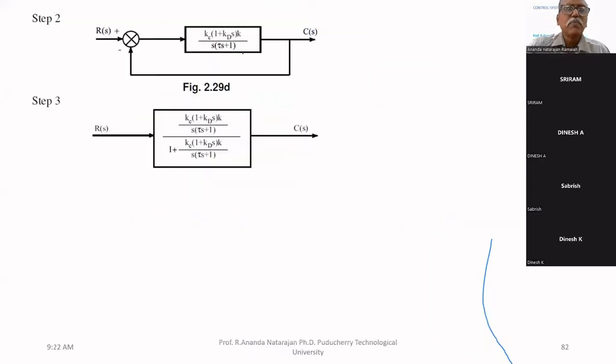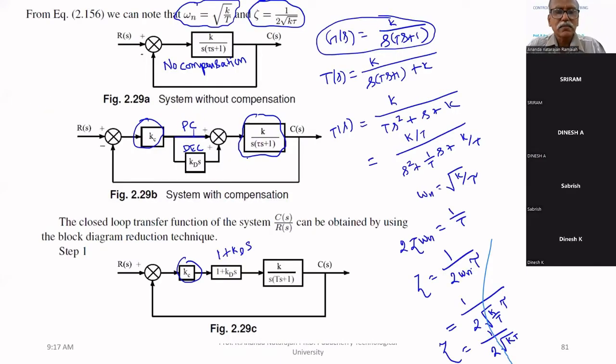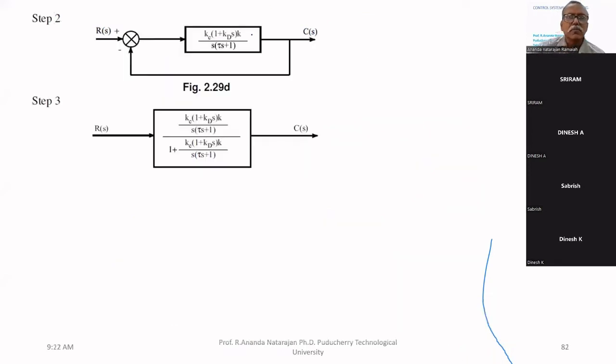So if you simplify further, you will get K multiplied by KC multiplied by 1 plus KDS upon S times tau S plus 1. This is the forward path transfer function. What is the closed loop transfer function for this unity feedback system?